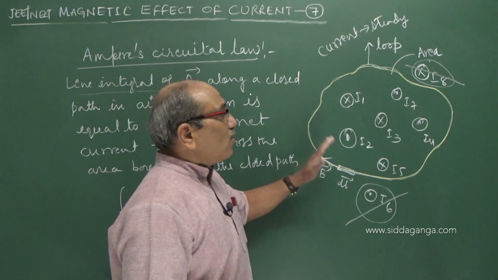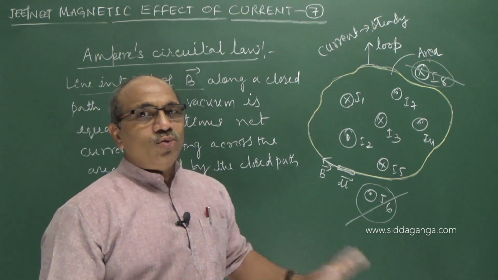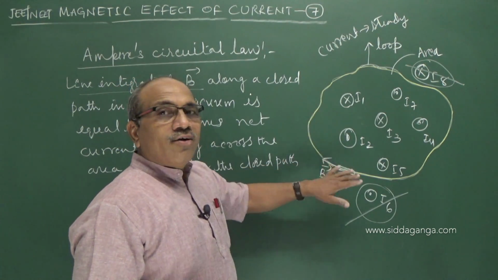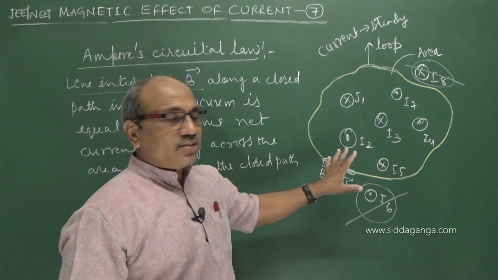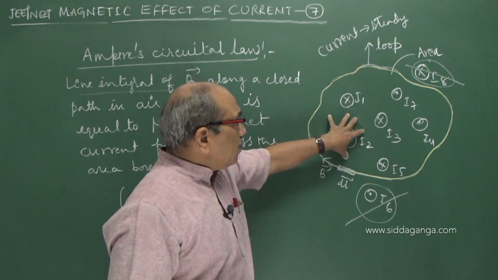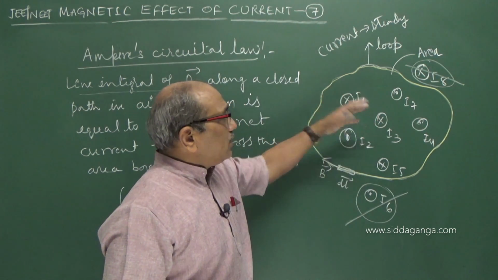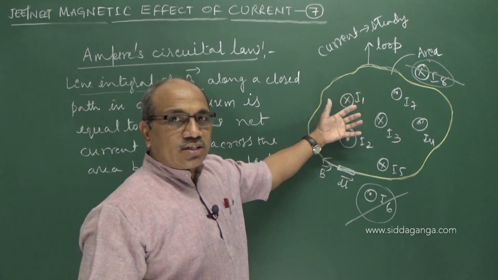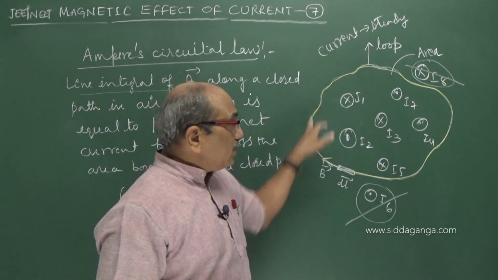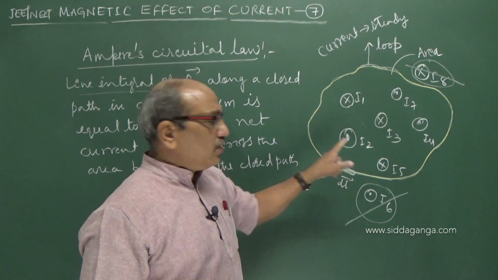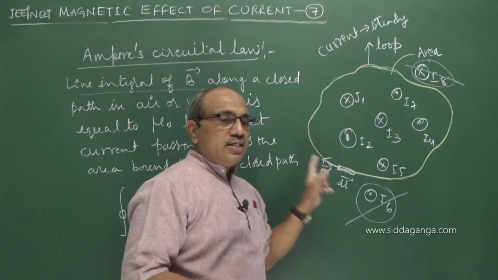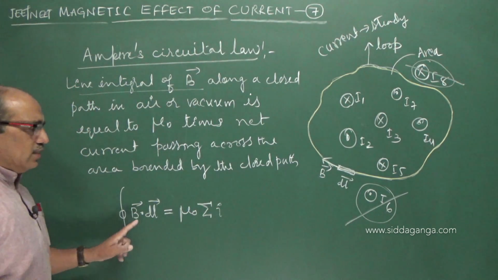It is like a Gauss loop, a closed loop. It is not an open one and not a surface. It is a loop, the area bounded by the loop path. We account the current carrying conductors crossing that area bounded by the path, which gives some magnetic field along that closed path, as given by this statement.